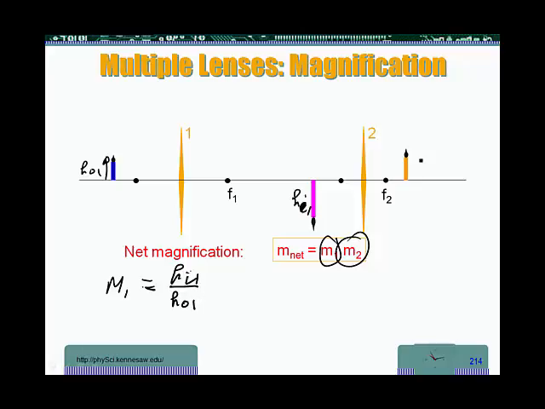Now, using the same terminology, this is going to be HI2, but this is going to be HO2. You notice that actually HI1 is equal to HO2.